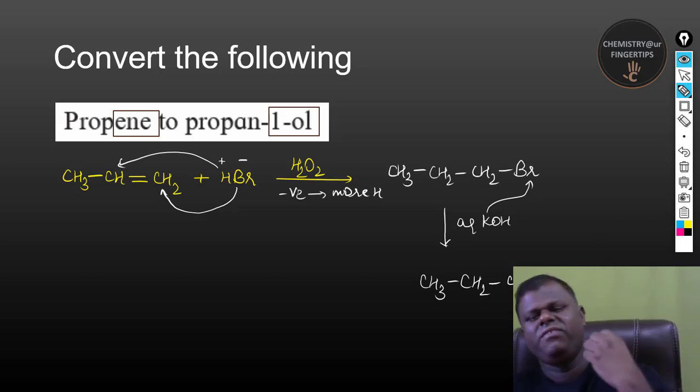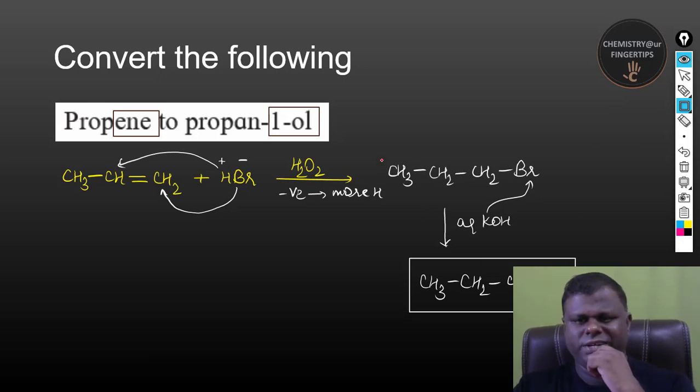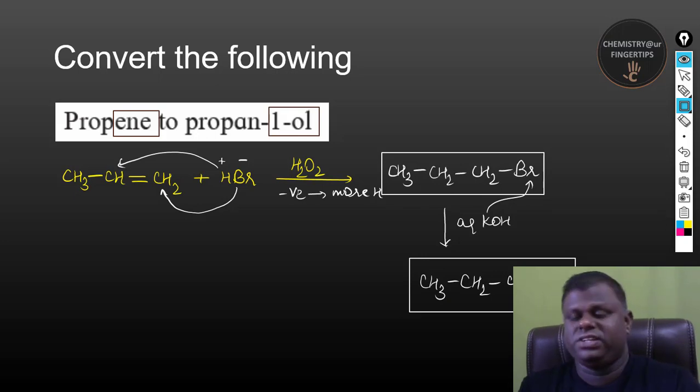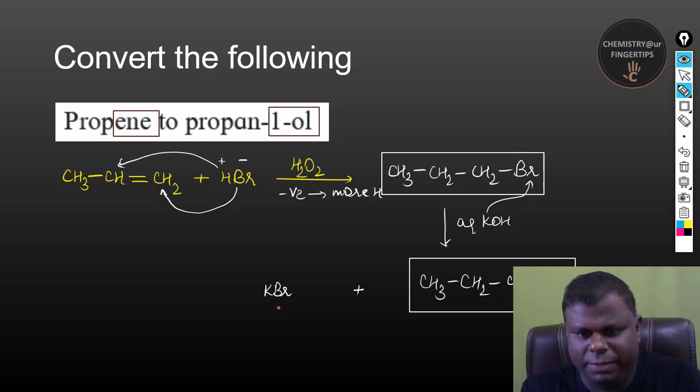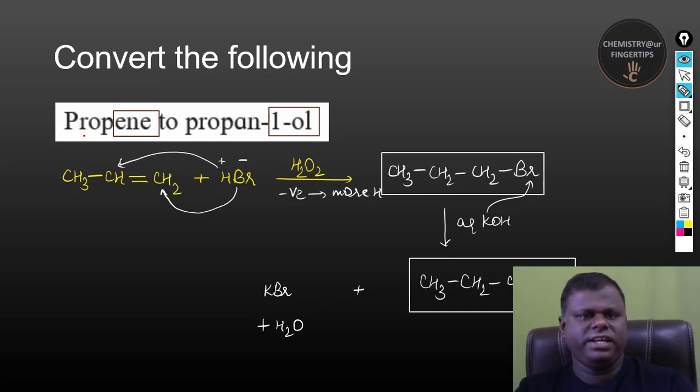So this is a very simple and very easy conversion, even though it looks a little bit lengthy, but it's pretty much easy, right? So this is the simplest way, and obviously we can write down the byproduct as well. The byproduct is going to be KBr. Do not forget to write down the byproduct, right? KBr plus H2O, right? So this is basically a method for converting prop-1-ene to propan-1-ol.